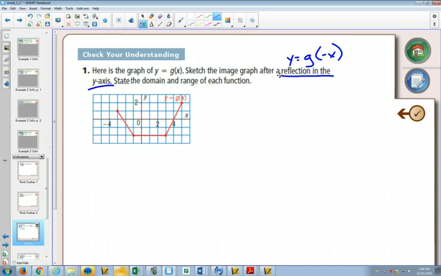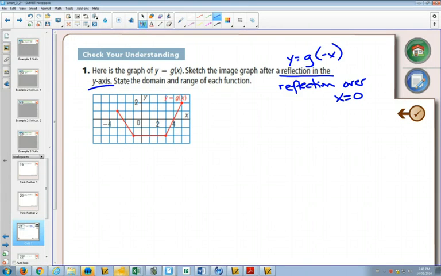Or instead of writing reflection in the y-axis, they could say reflection over, and if we're talking about the y-axis, I could write that as its equation, x equals 0.